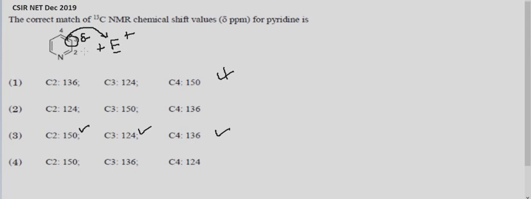That means the electron density on carbon 3 is increasing, so it should have a lesser value when compared to the rest. In the second comparison, we noted that the second carbon atom is attached to the nitrogen, which is highly electronegative, so carbon 2 is more deshielded.